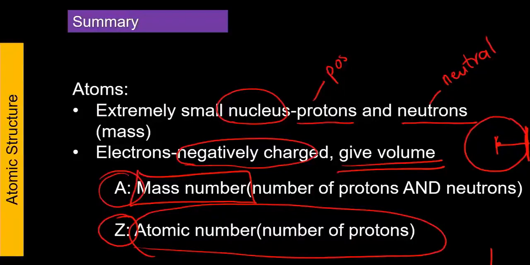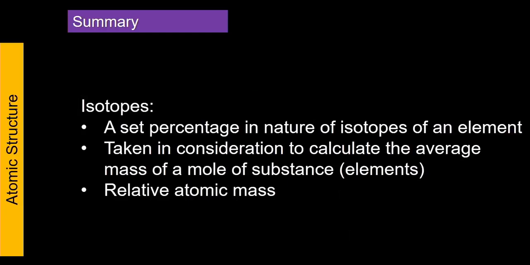And so if we get that format, so sometimes we have an element, we're given its symbol, and we have the number A over there and the number Z there, we can calculate how many neutrons the atom is going to have in its nucleus by working out A subtract Z. Okay, so let's move on.